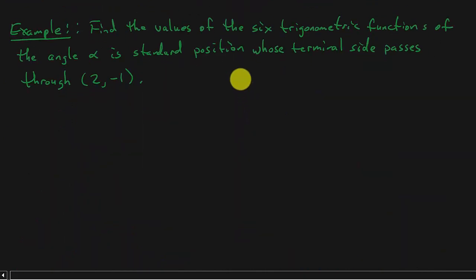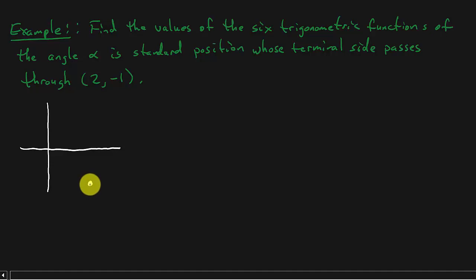So let's look at this example here. They want us to find the values of the 6 trigonometric functions of the angle alpha in standard position whose terminal side passes through 2, negative 1. What I like to do is draw this out. So we've got our point 2, negative 1.